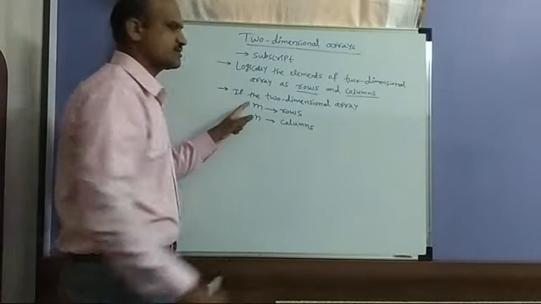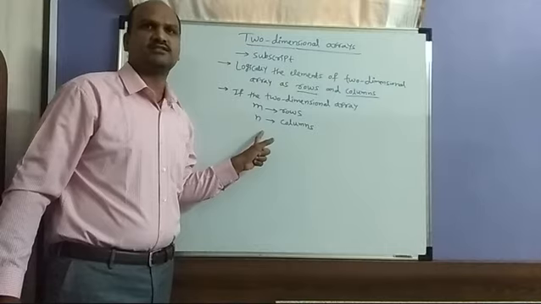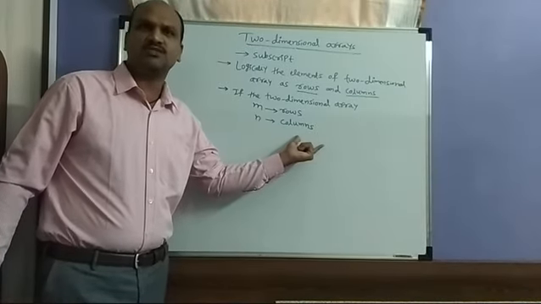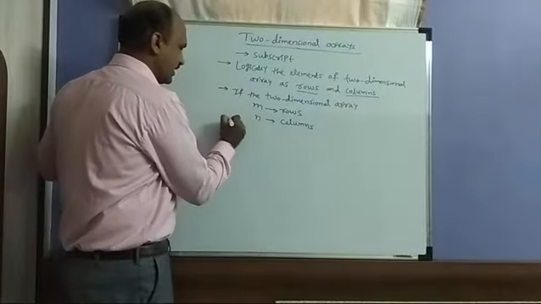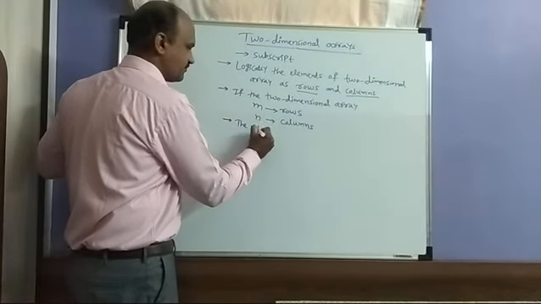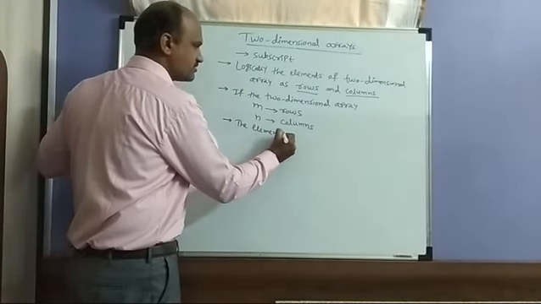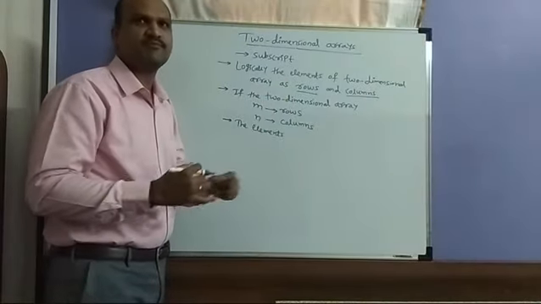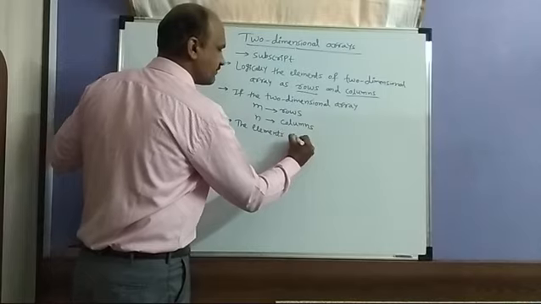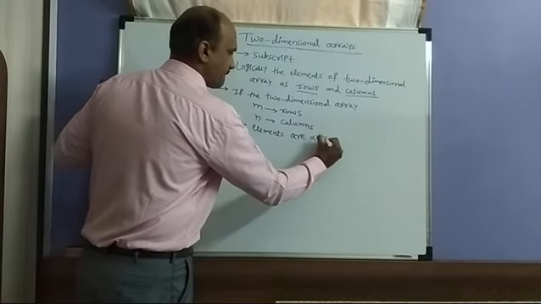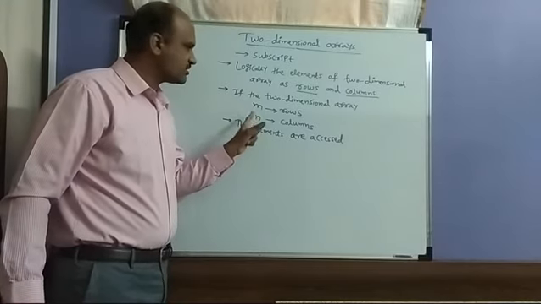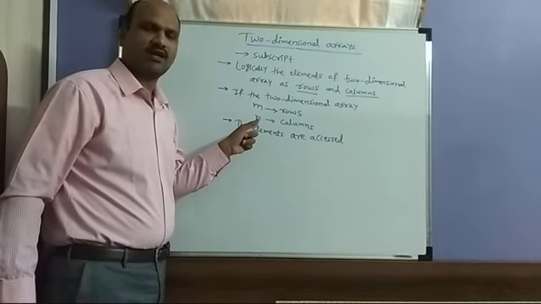M is the row, n is the column. And the elements are accessed using the indices. Whatever elements are present in the rows and columns, you have to access them. So m stores rows, n stores the column elements.